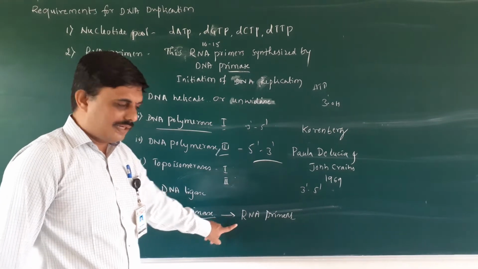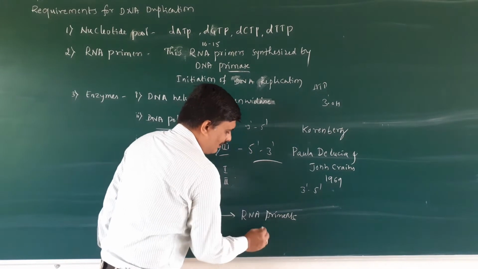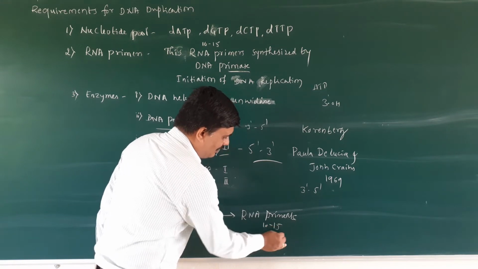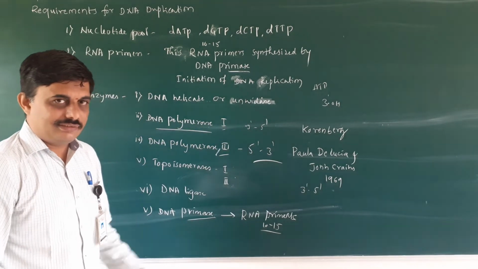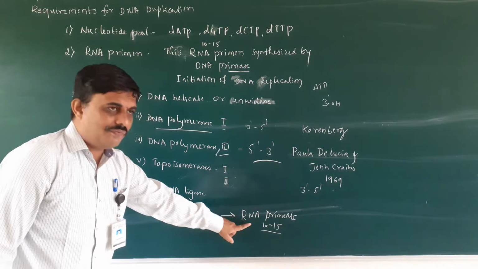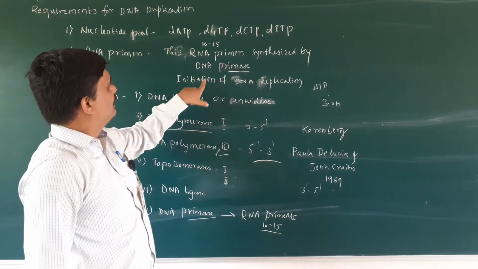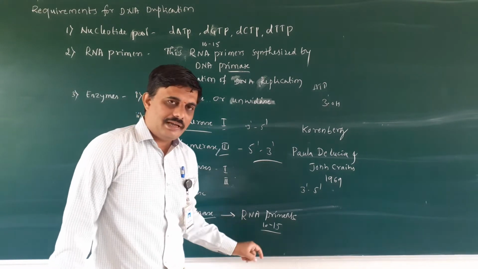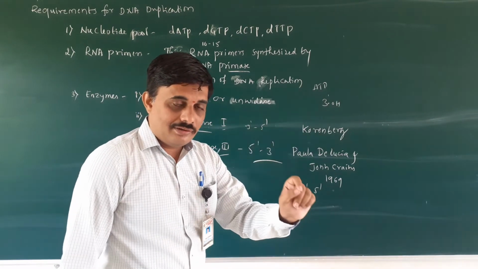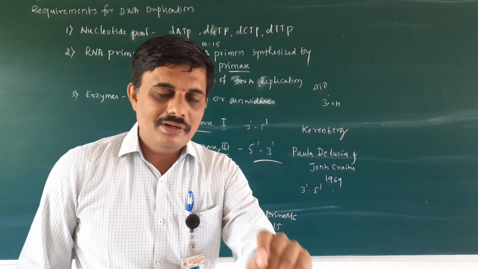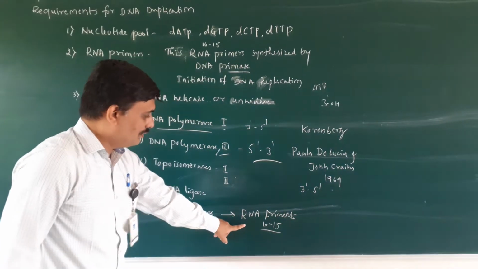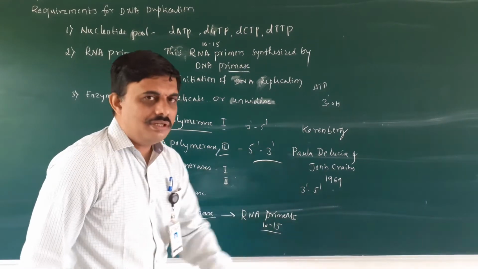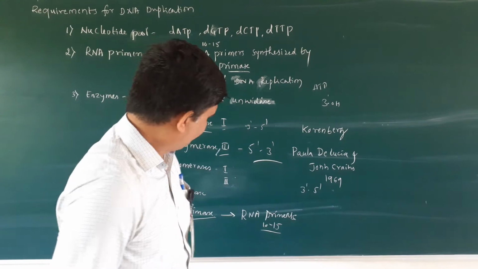These short RNA primers, having a 10 to 15 nucleotide chain, are required for the initiation of DNA duplication.